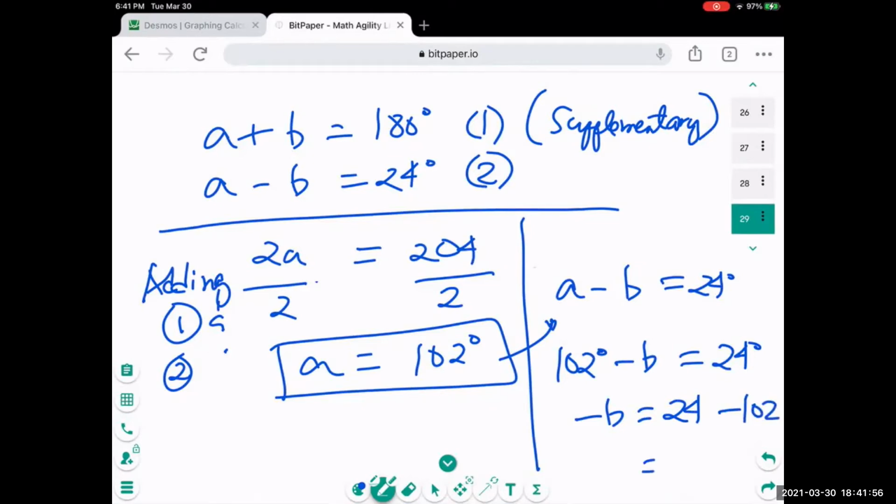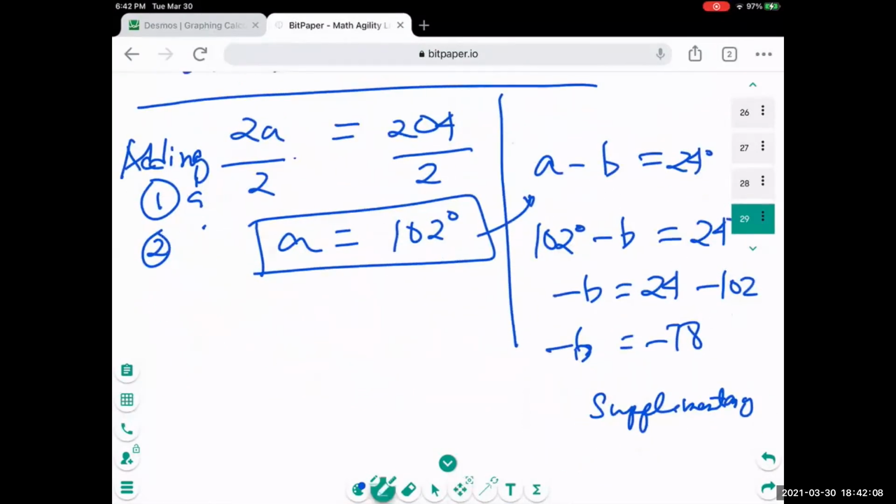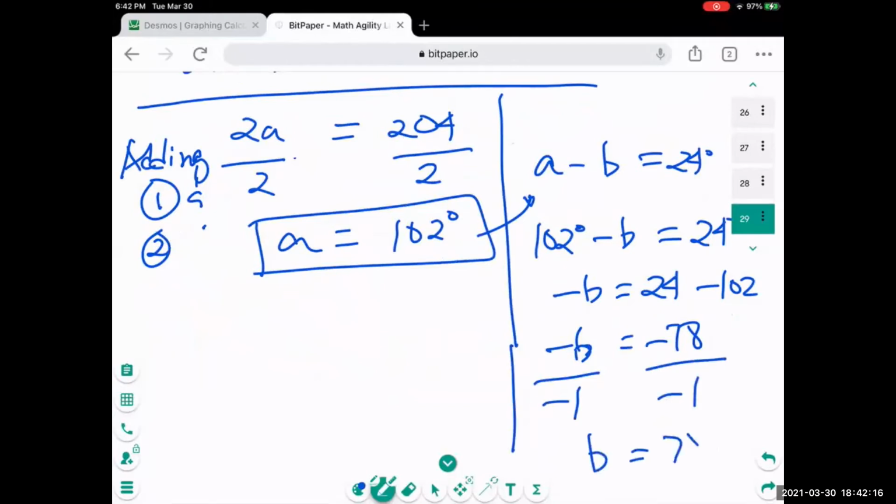So ang lalabas is negative B equals negative 78. So since meron pa siyang negative, we need to divide this by negative 1, I mean. So B is 78 degrees, right? So our angle A is 102 degrees, angle B is 78 degrees.